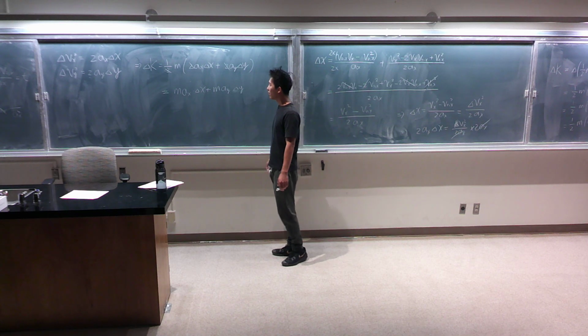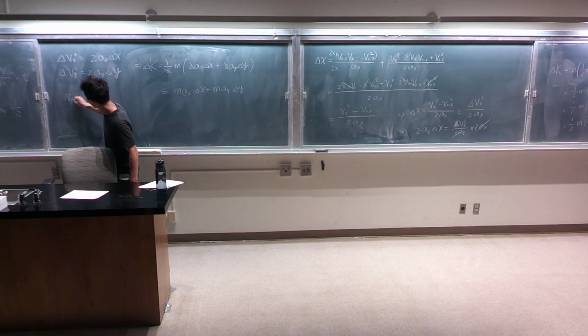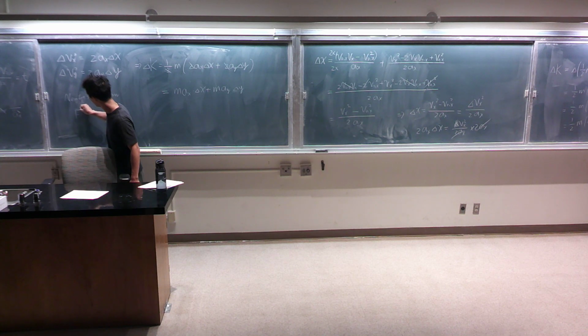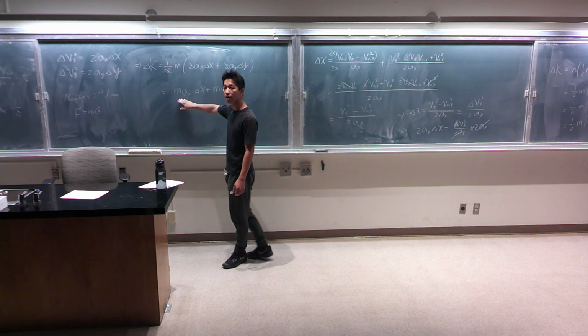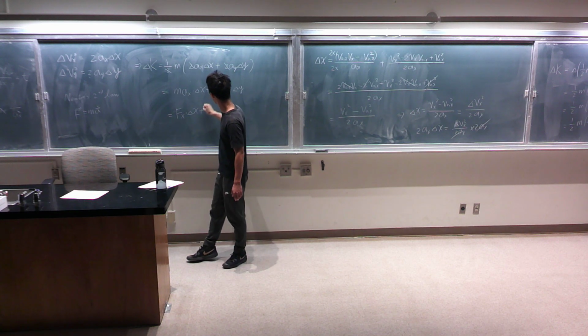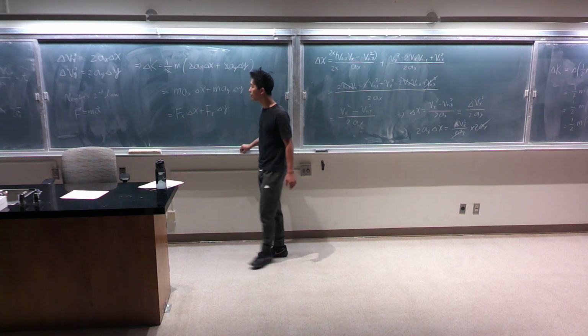Now, Newton's second law tells you that F equals ma. So what you're looking at here, ma is the x component of the force, and this is the y component of the force.